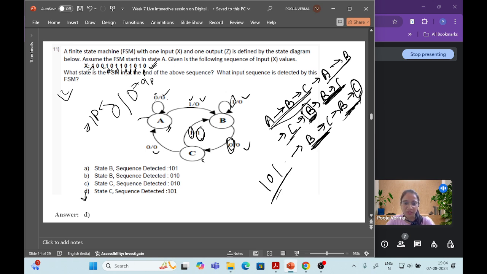That means here the sequence will be repeated. The sequence detected here is 1, 0, 1. So it will end at state C and the sequence will be 1, 0, 1. That's why option D is the correct answer.